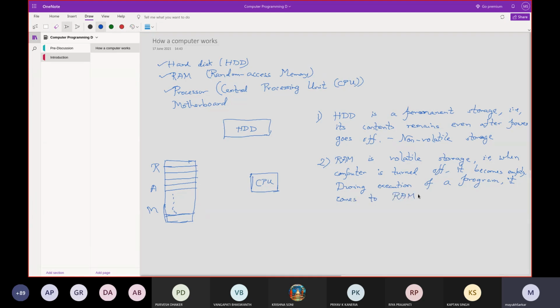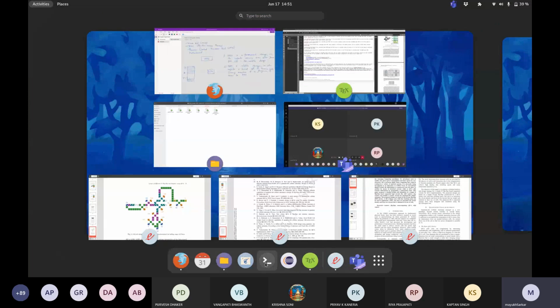As for example, suppose this terminal. Okay, I do not have any terminal opened. The complete program in terms of zeros and ones for the terminal is at this moment in the hard disk.